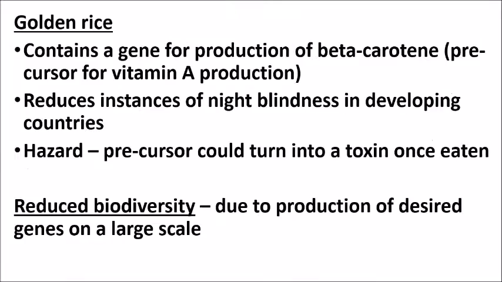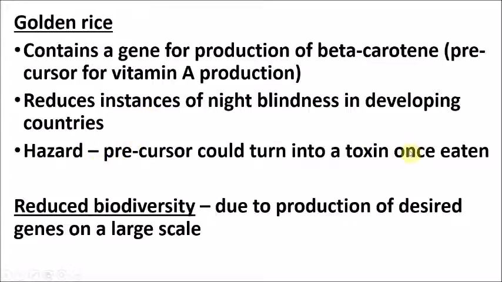Golden rice. This is a type of rice created in third world countries, and it's rice that has a gene for this chemical here, beta-carotene, which metabolizes into vitamin A in the body. So it's great because it reduces the instances of night blindness, but the problem is it could turn into a toxin once eaten.